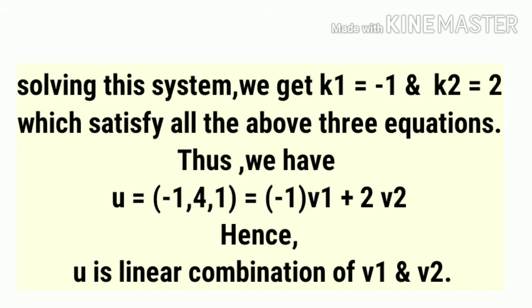If we put the value of k1 is equal to -1 and k2 is equal to 2, we get vector u is equal to (-1, -4, 1) is equal to -1 into v1 vector plus 2 into v2 vector. Hence, u is a linear combination of vector v1 and v2. When the scalars satisfy the above 3 equations, then u is a linear combination of vector v1 and v2.